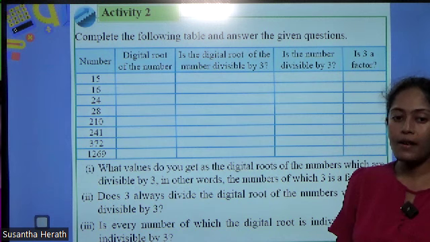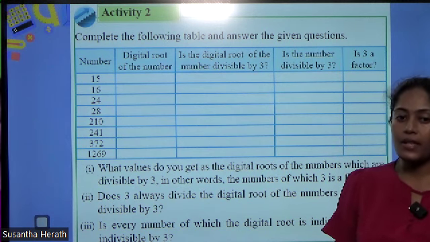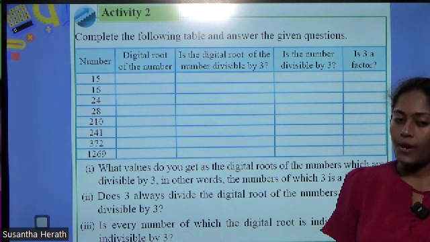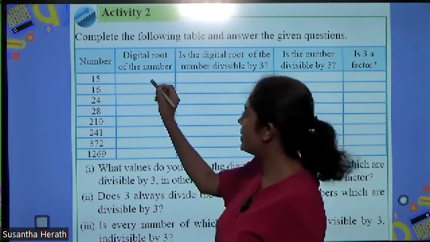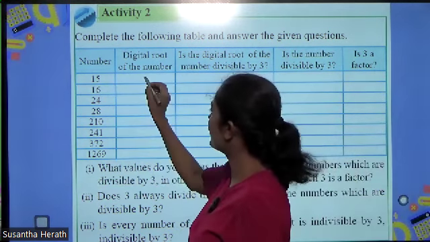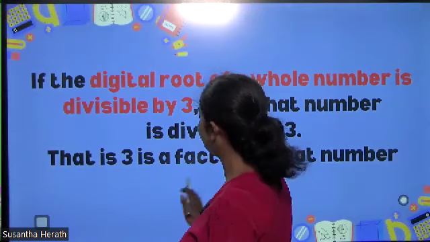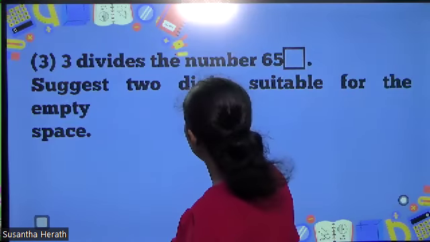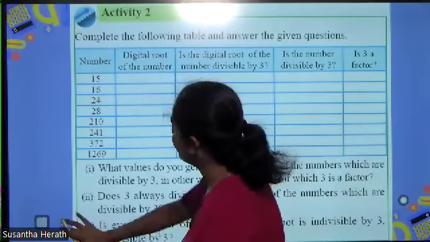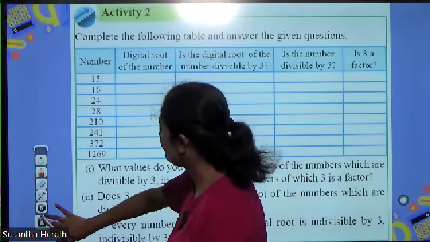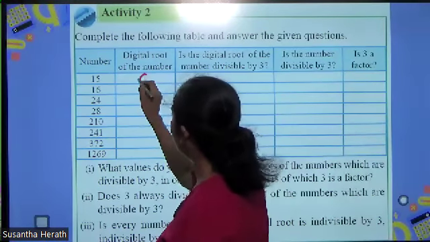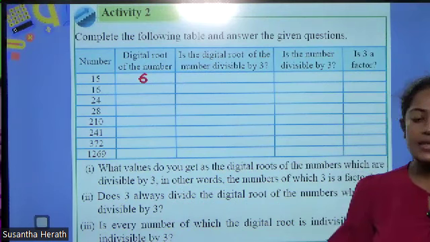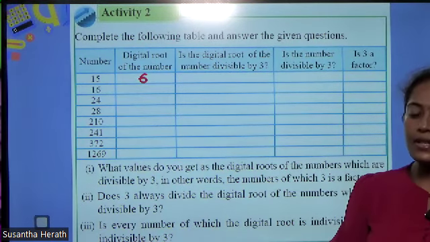First one, number 15. They have given digital root of the number. 1 plus 5. What is the answer? 6. Here answer is 6. Is the digital root of the number divisible by 3? Can you understand that?